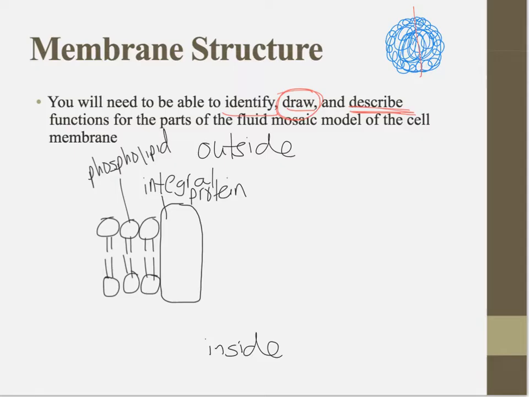All right, so continuing on, I'm going to draw a few more phospholipids here. Now one of the things that we're also going to find in our cell membranes are peripheral proteins.